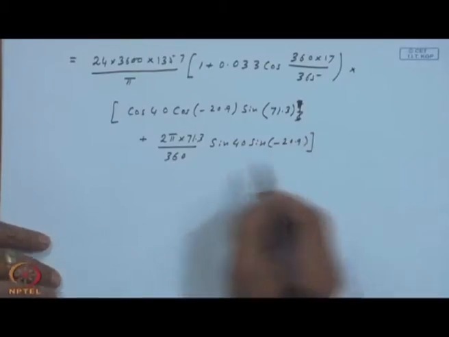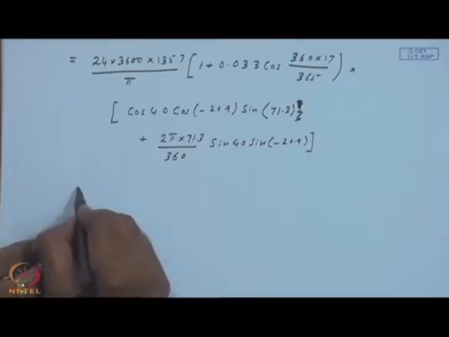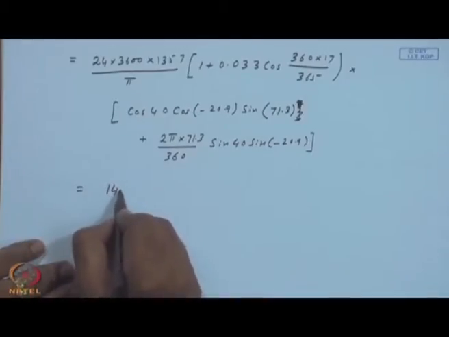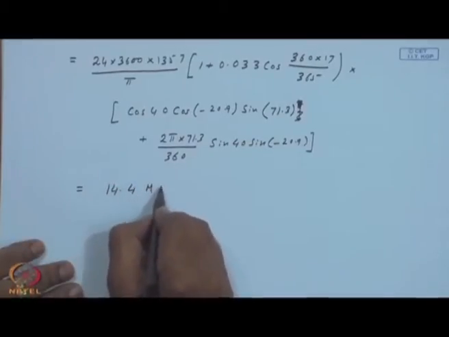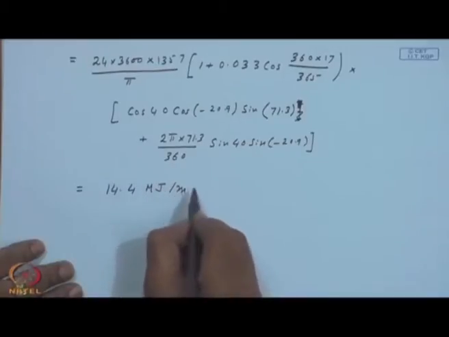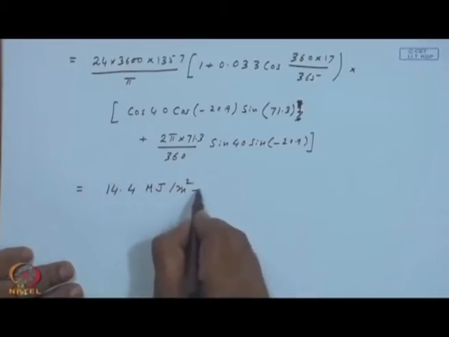You can check up with your relation which we have given n number of times, that comes to 14.4 megajoules per meter square day.